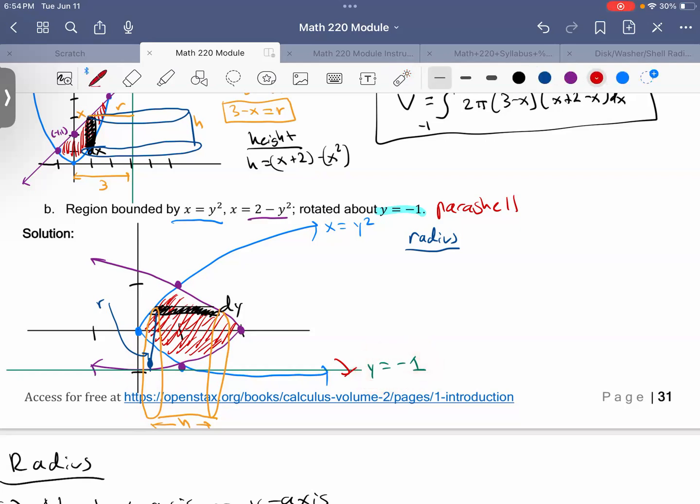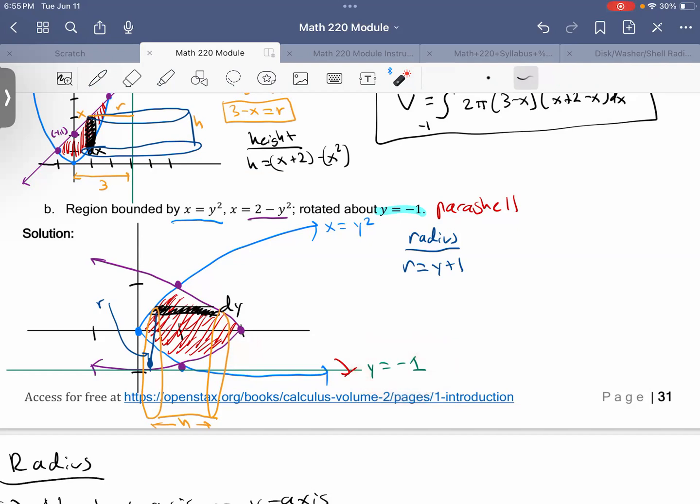So our radius in this situation would just be the horizontal distance to the axis, y, and then plus 1. So the radius is y plus 1. Just like your cheat sheet, if you have to go over an axis, it'll be that variable plus whatever you're trying to get to. Don't get too mixed up with the -1. Your radius is all about distance, and you're not really worried about negatives.